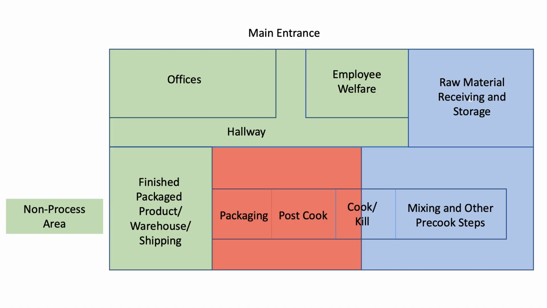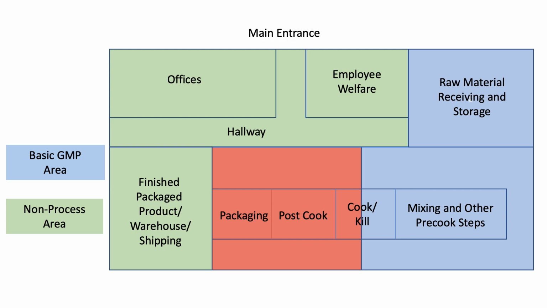are shown here in green and include offices, a hallway, the restrooms and break room, as well as the finished product warehouse and shipping area. The blue indicates the basic GMP area that includes raw material receiving and storage, mixing, and then the raw material entering the cook step.